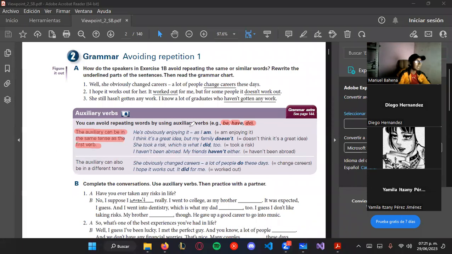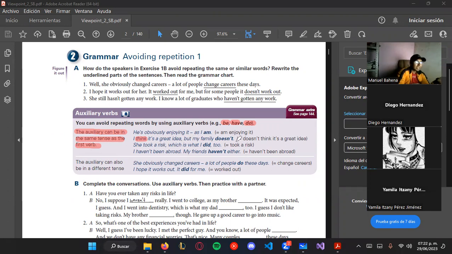Thank you very much. So here, Jamila, which is the first verb in this sentence? The first verb that we can find. Think, exactly. And in which tense is it? In present. Present simple.